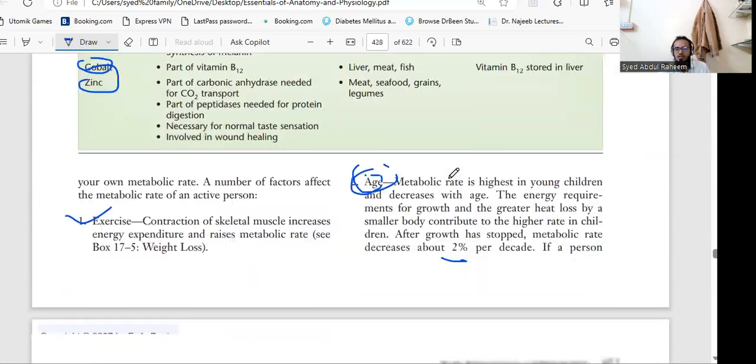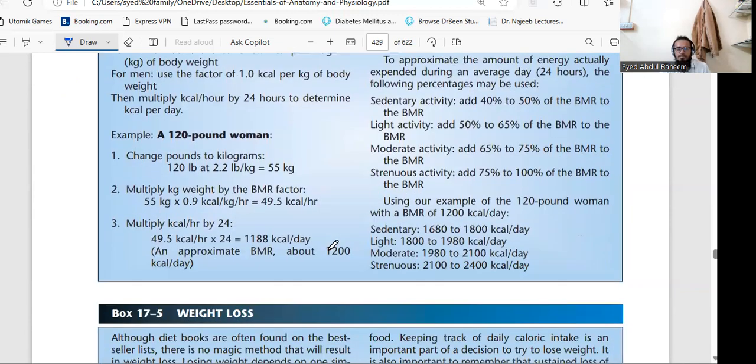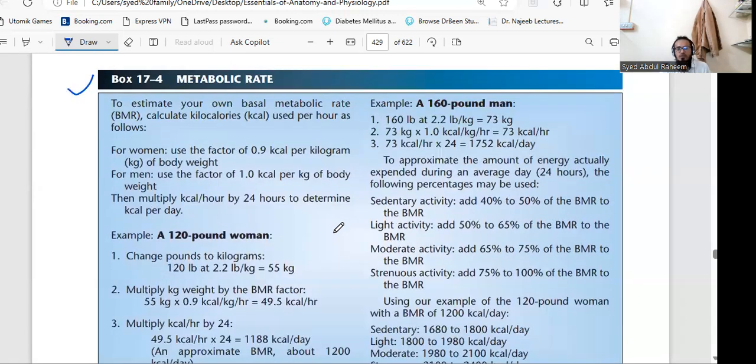Also, we discussed the important things here, where the metabolic rate is given. How do we convert it? For men, use the factor 1.0 calories per kg of body weight. So if you are 60 kg, you need 60.0 kilocalories.